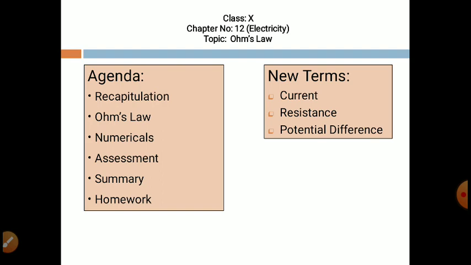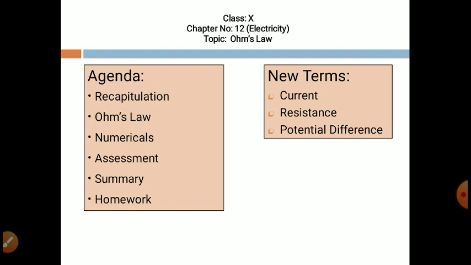What if VB is greater than VA? The current will flow from point B towards point A and we will say VB minus VA. VB is greater than VA. And what if both the voltages at point A and point B are same, VA is equal to VB?